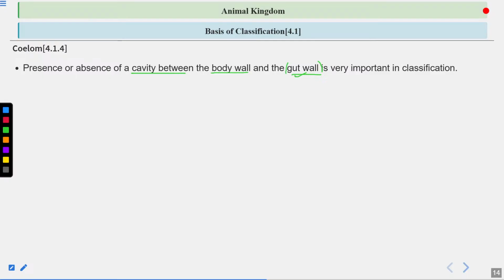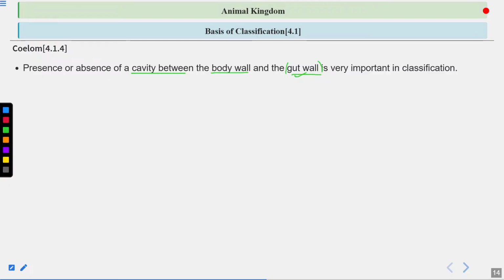Does this cavity have the same diameter? No, it doesn't, right? According to the digestive function, the diameter of this alimentary canal varies. So we have a cavity-like structure which is called the gut, and the wall of this gut is called the gut wall.